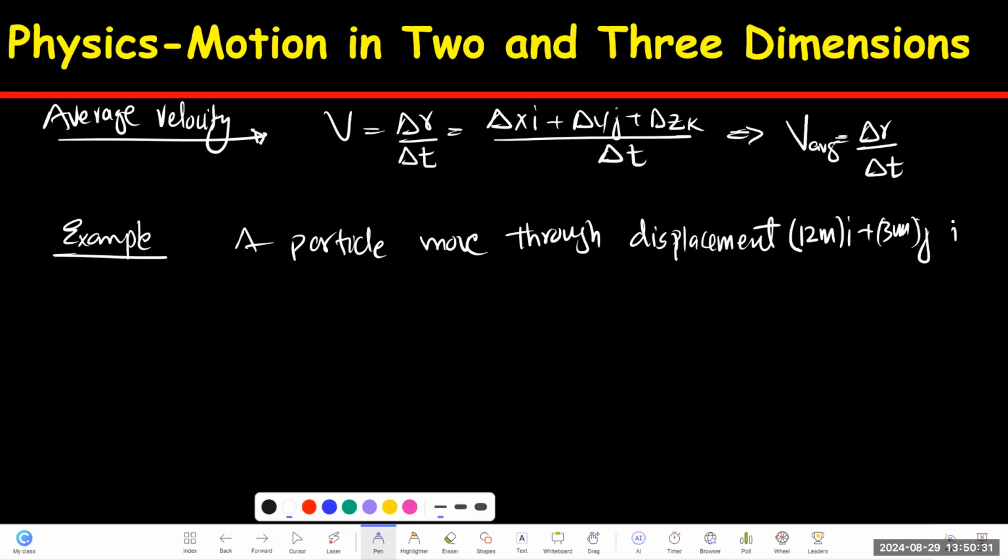This is a given, and then it moves in 2 seconds. So what is the average velocity?